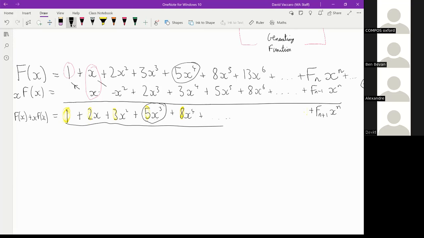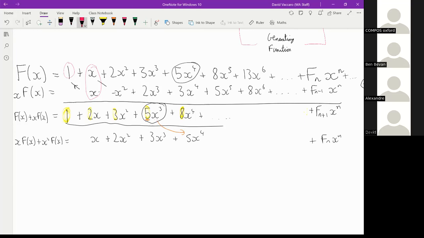Well, with a little bit of thought, you could realize that what I really want to do is move this 5 back into the x^4 position. So what I'm going to do is multiply by x. And everything shifts along. So I get x plus 2x squared plus 3x cubed plus 5x^4. And then we get f_n x^n.